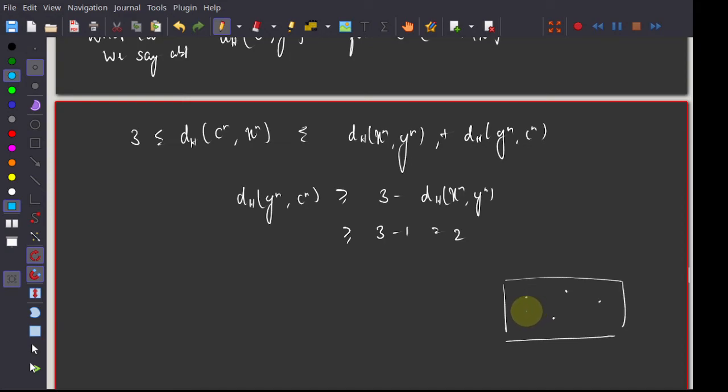The channel is introducing errors, or in other words, it's perturbing this. So from this, you go to some point within a distance, let's say L. So it could lie anywhere in this ball of radius L. As long as at most L errors are made, the received sequence will lie within a ball of radius L around the transmitted code word.